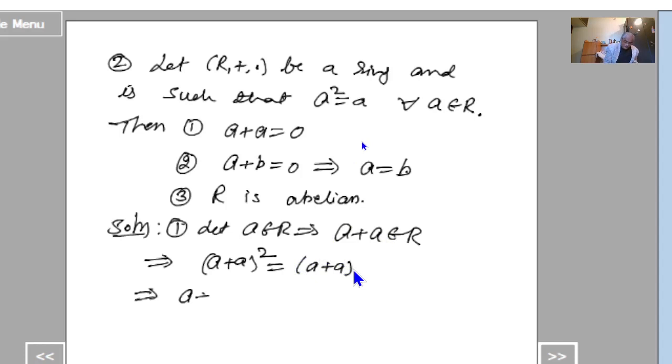A plus A whole square means A plus A into A plus A is equal to A plus A.